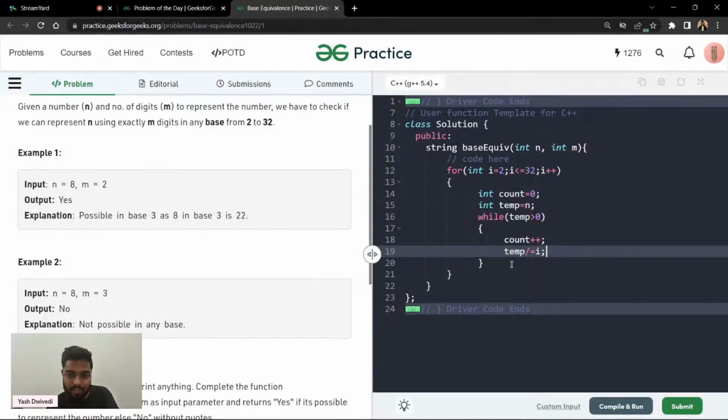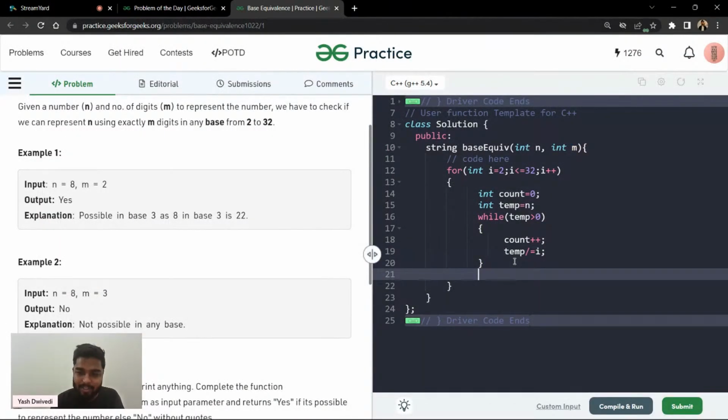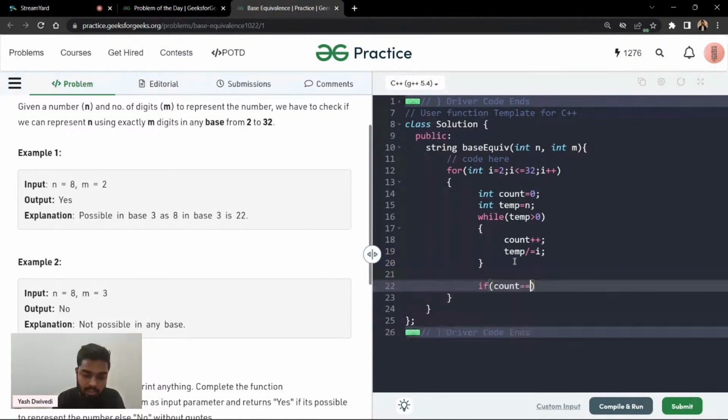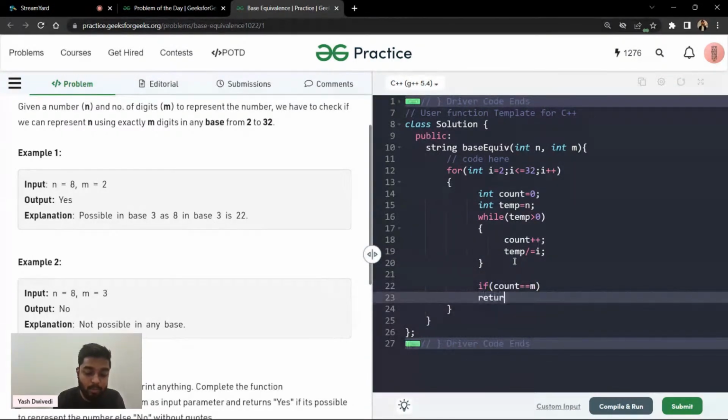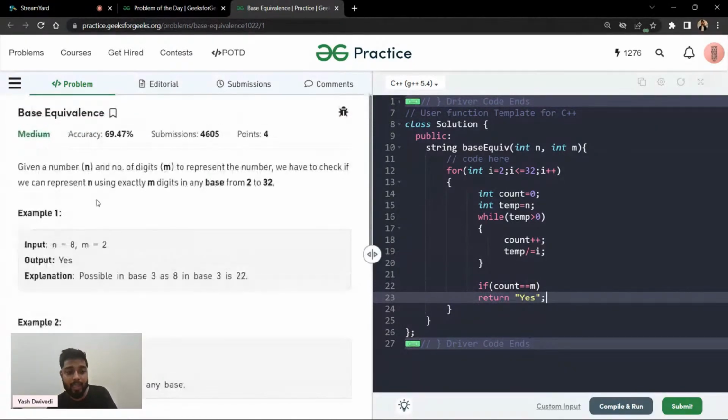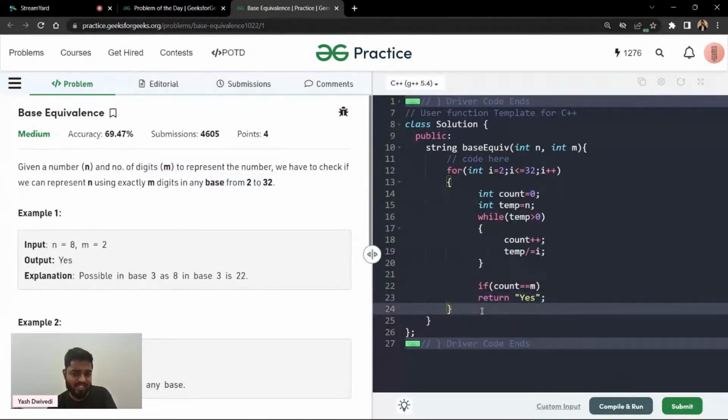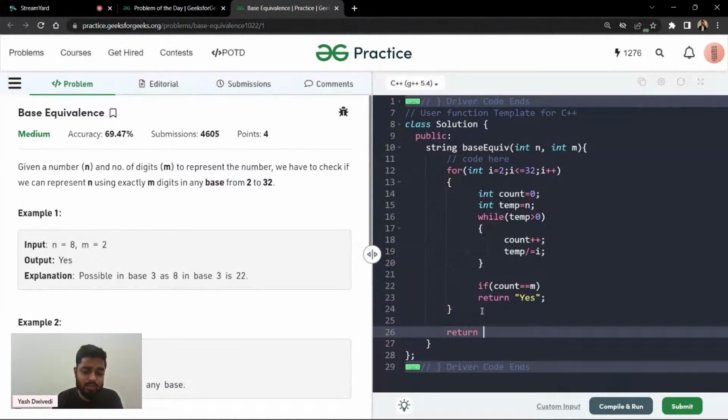So if after dividing, the count of the digits is equal to m, in that case I should return that yes, it is possible to represent this given number n in m number of digits with any of the bases. Obviously I don't need to return that particular base, I just want to return whether it's possible or not. Otherwise I'll return false, so you can say no.